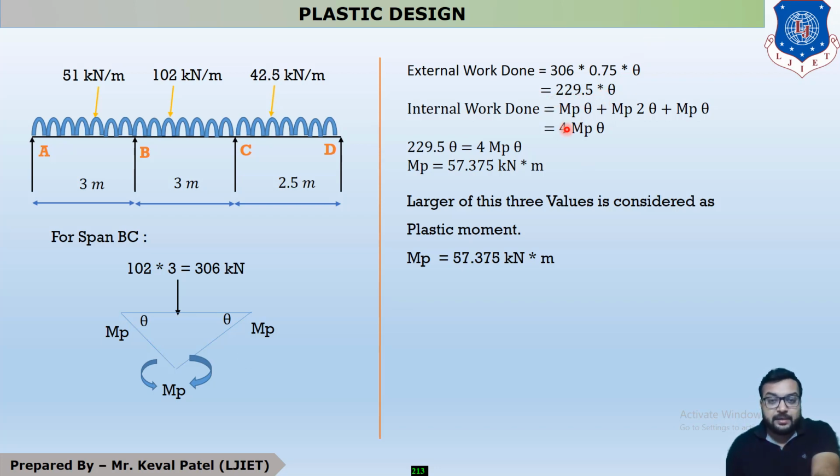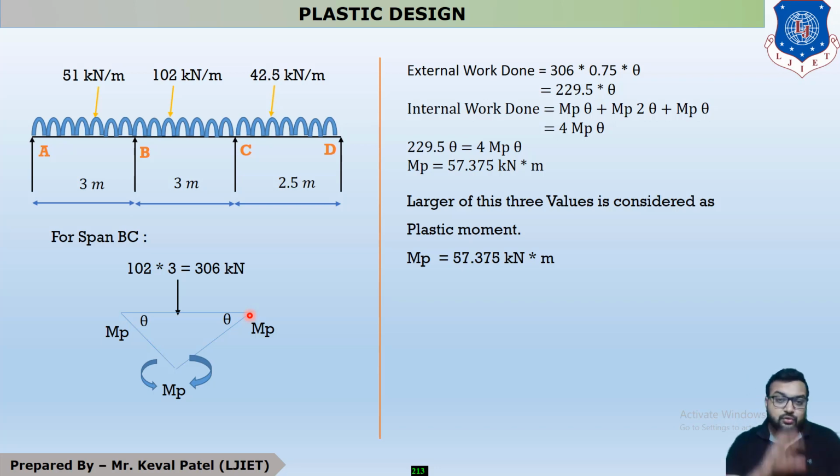Now your internal work done. You can see in this figure, at this point it is a fixed support, so yes, this fixed support takes moment. This is at the point of load, so yes, this point also takes moment, so it is MP into 2 theta. And this is your C support, an intermediate support, which is considered as a fixed support.